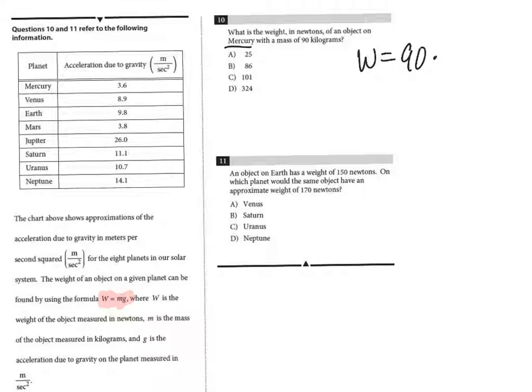Acceleration due to gravity on Mercury is 3.6, so 3.6. We can just plug that into the calculator. 90 times 3.6, that's going to give me 324. D.